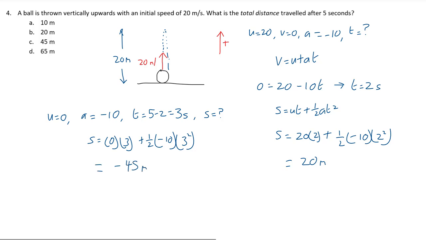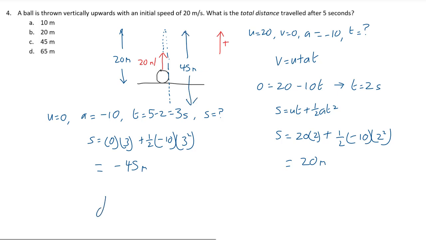And hopefully that minus sign makes sense to you. Remember, we have defined upwards as positive. Because the ball is now going downwards, we should expect to get a minus answer for the displacement, which is what we do indeed get. Therefore, the ball has traveled 20 meters upwards in the first 2 seconds and 45 meters downwards in the final 3 seconds.